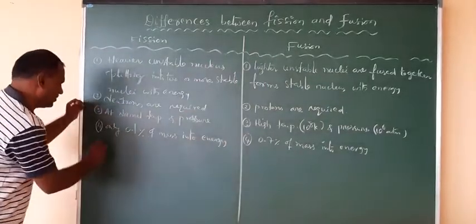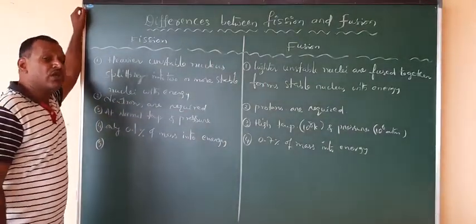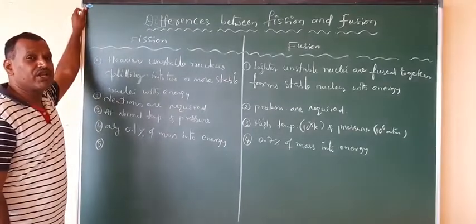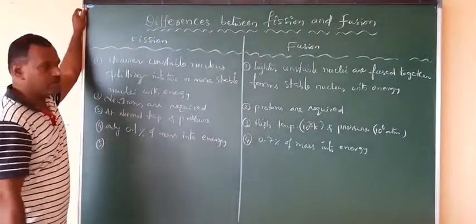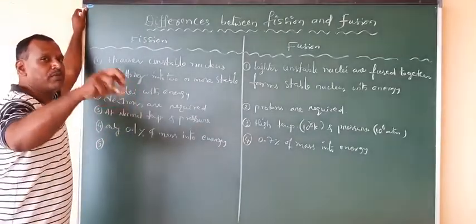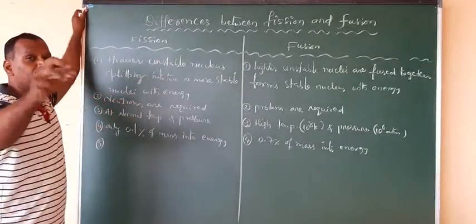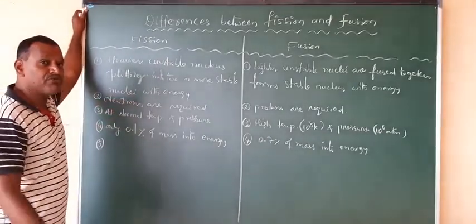And if you observe the energy released per nucleon in each reaction: for the fission reaction, the energy per nucleon is 200 million electron volts divided by 235, which is about 0.85 million electron volts per nucleon.